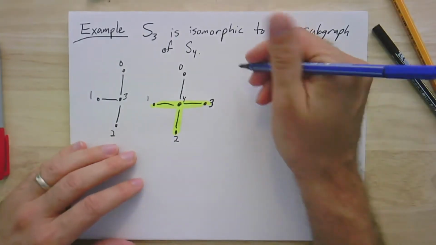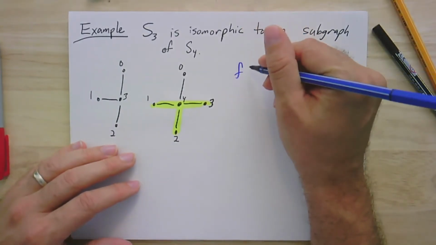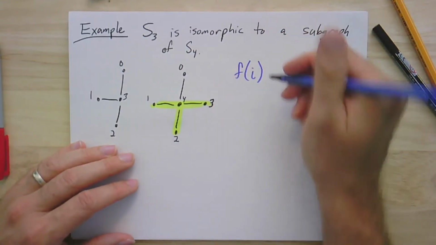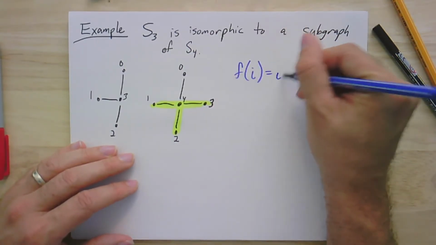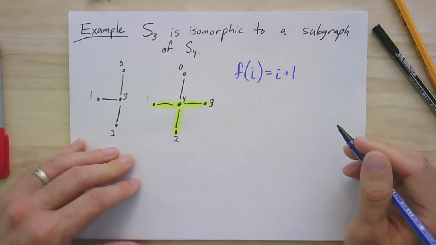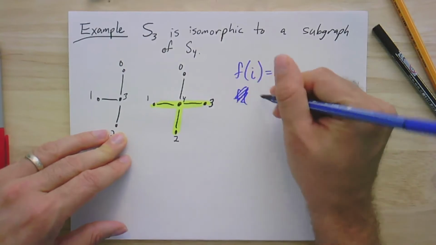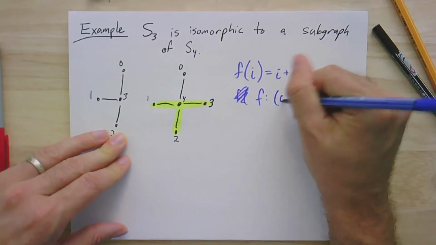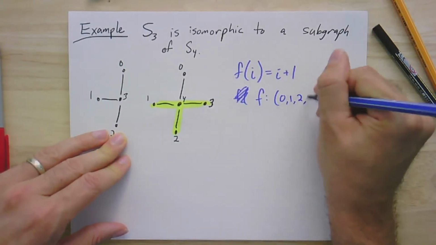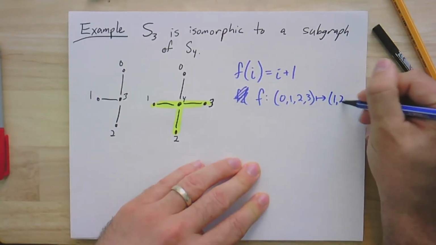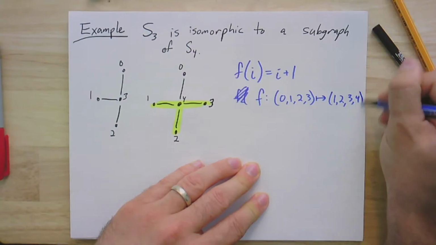So in this case, I can write down this isomorphism arithmetically. I choose this subgraph because I can just write f of i is equal to i plus 1. And so that means that f maps 0, 1, 2, 3 to 1, 2, 3, 4.